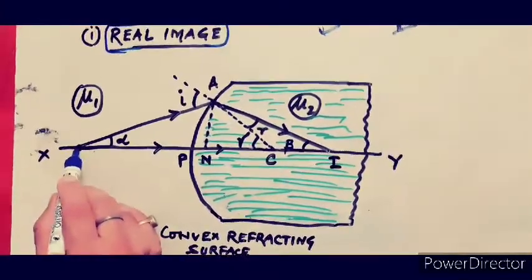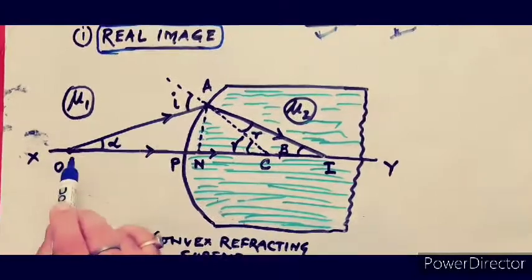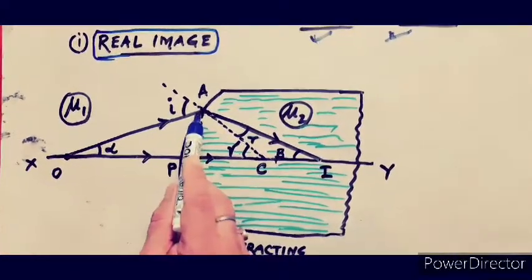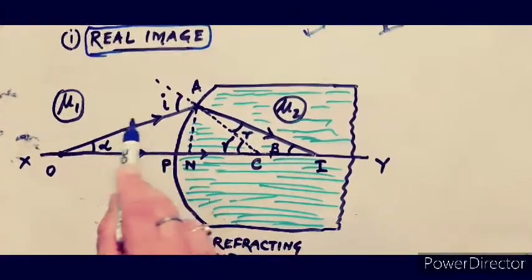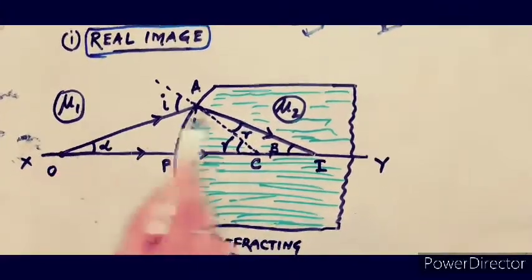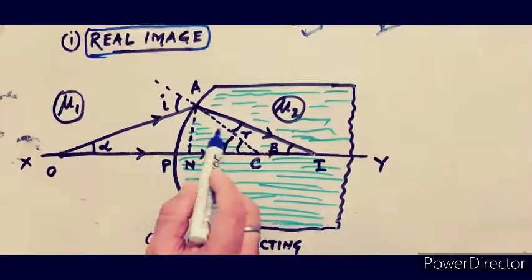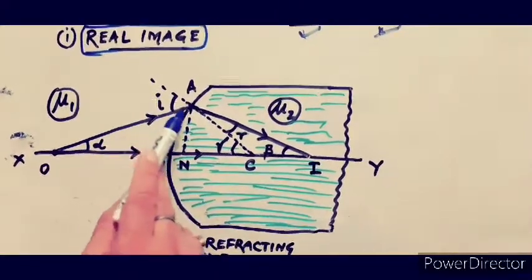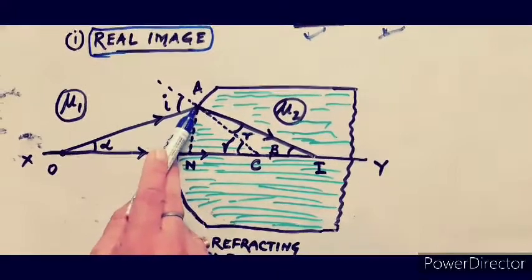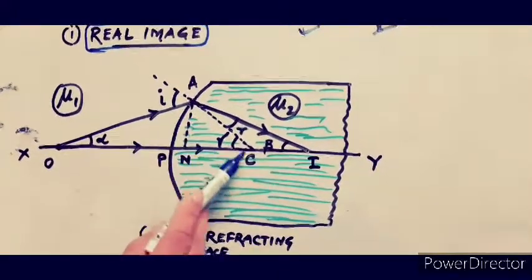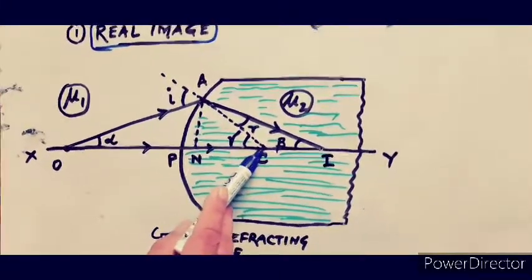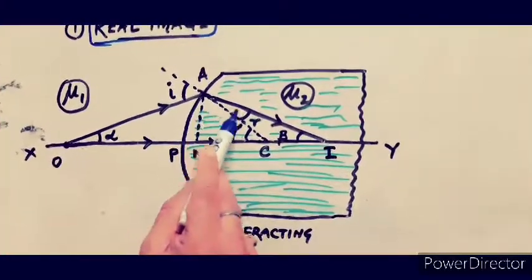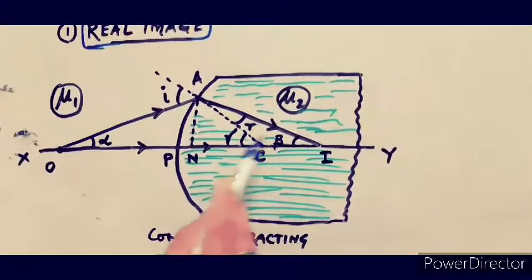So when a ray is incident on the surface at point A, it is going from mu1 to mu2, meaning rarer medium to denser medium, so it bends toward the normal. This is the normal. At point A, if we draw the normal, it will pass through the center of curvature of this surface. And this ray is going to bend towards the normal.